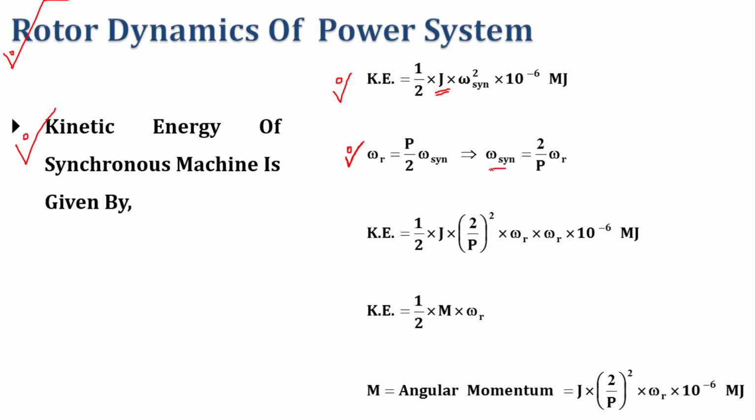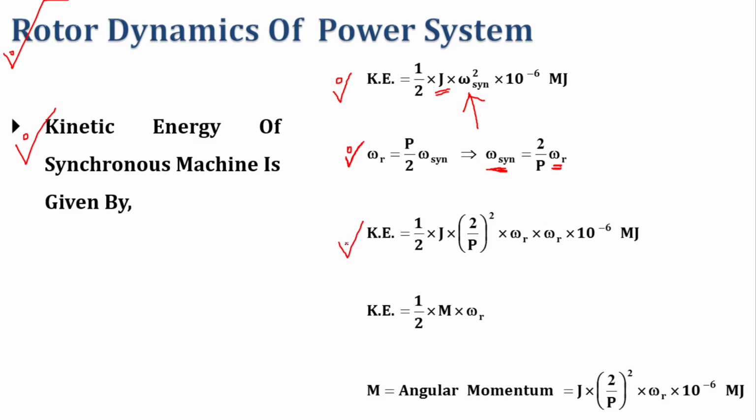So I can write that omega synchronous is equal to 2 by P into omega rotor, where P is the number of poles. In the kinetic energy equation I can replace omega synchronous by 2 by P into omega rotor, so omega synchronous square is replaced by (2 by P) square and omega r square.